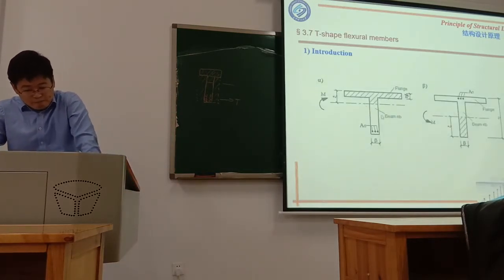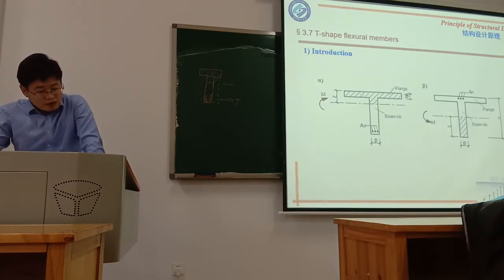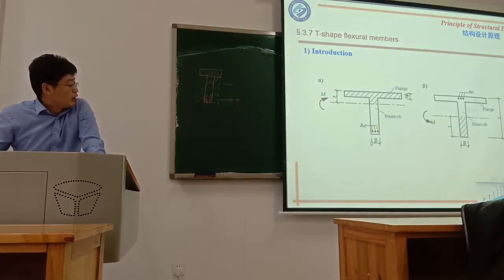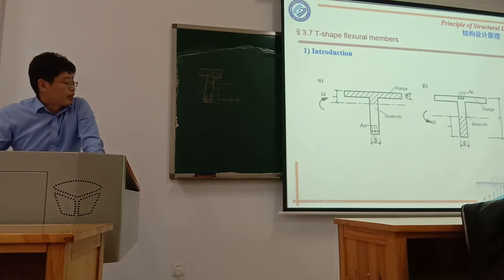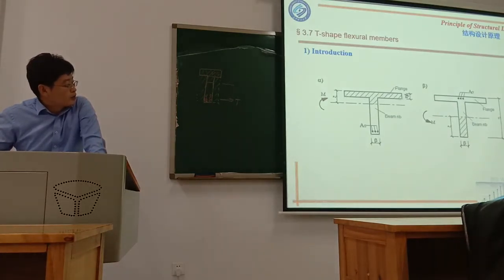So you see, for the normal T-shape, the tensile force is resisted by the reinforcement. The compression force is resisted by this part. Sometimes it's resisted only by this flange part, or sometimes it's just the rim, part of the rim.